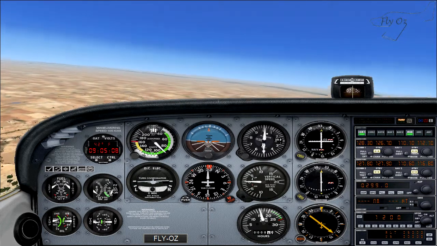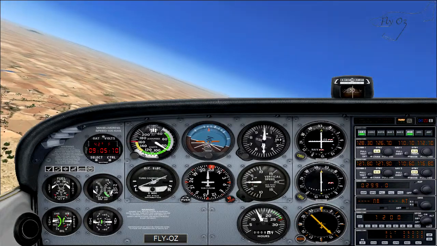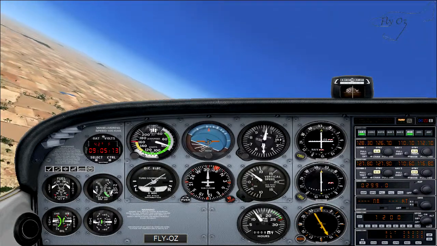So as I bank the aircraft at 30 degrees, observe how the aircraft behaves.